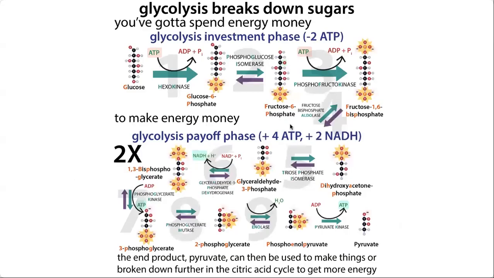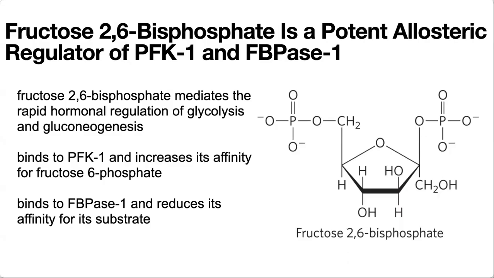Both of these are made from fructose 6-phosphate, which was a product of glycolysis. So this is a sidetrack from glycolysis that gives us this molecule, F26BP. F26BP is able to allosterically regulate both PFK1 and FBPase1, but in opposite directions.